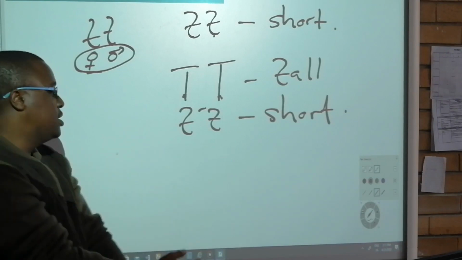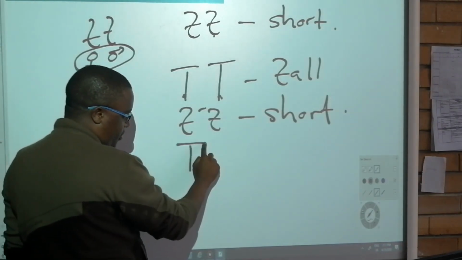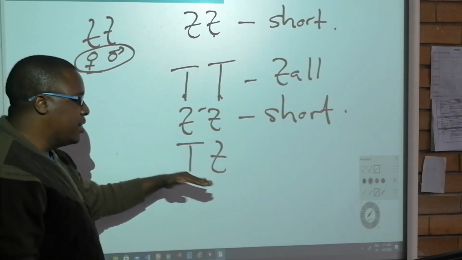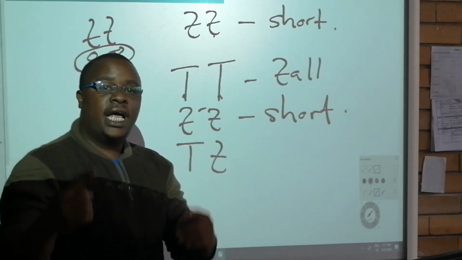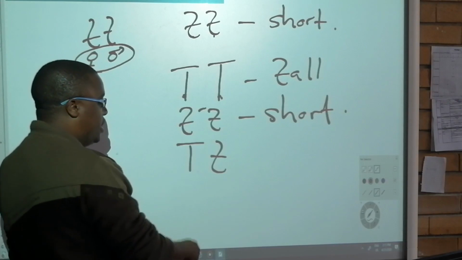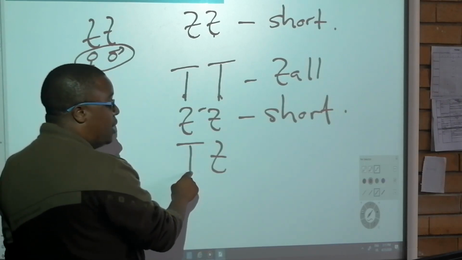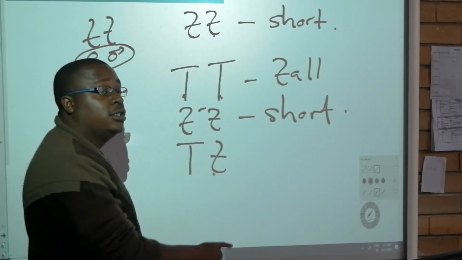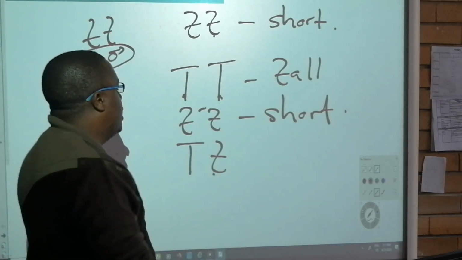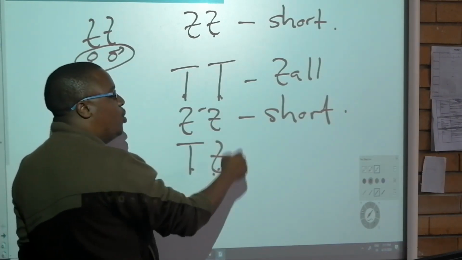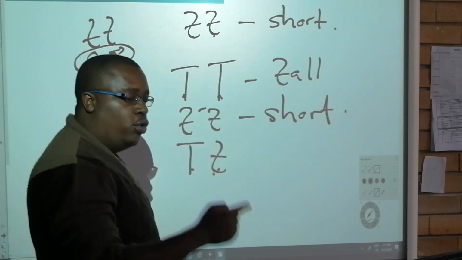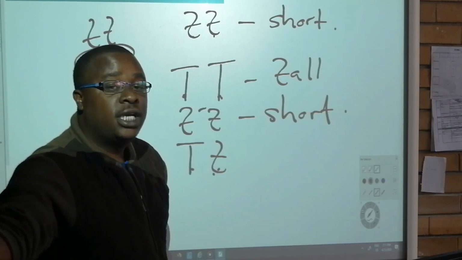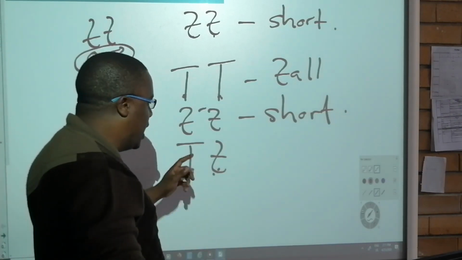But you can have a mixture. You can have a genotype like this. A genotype like this has an allele from the gene pair that codes for tall, and another allele that codes for short. And because we have been told and we know that tall is dominant over short, tall is the dominant allele.